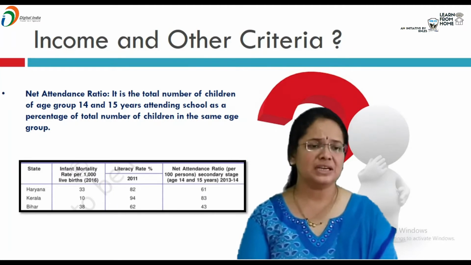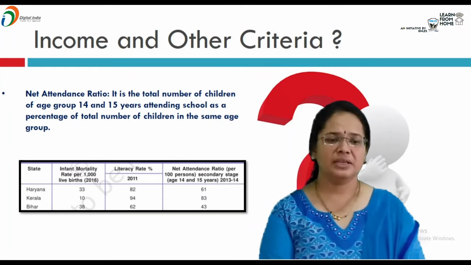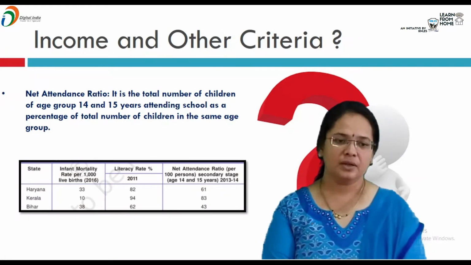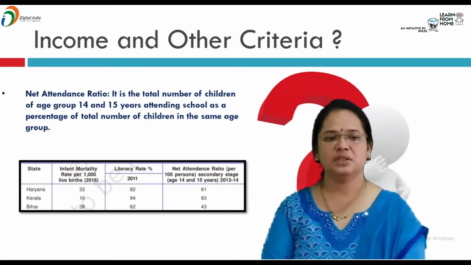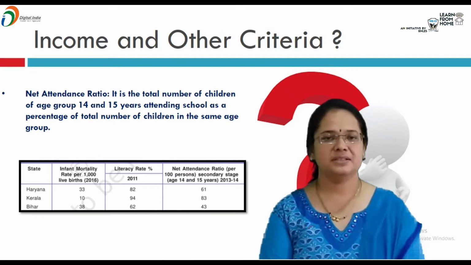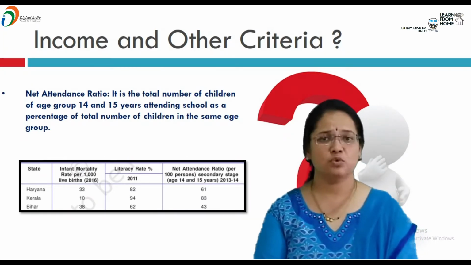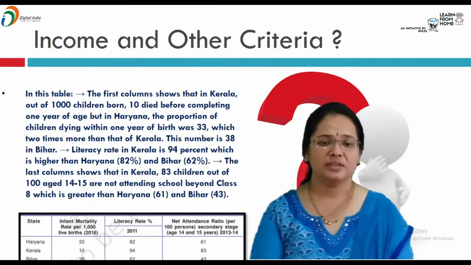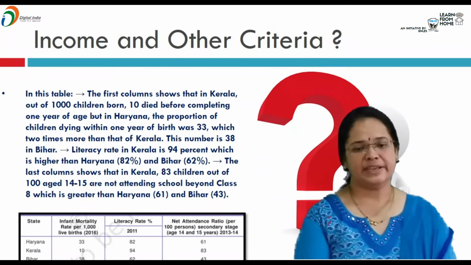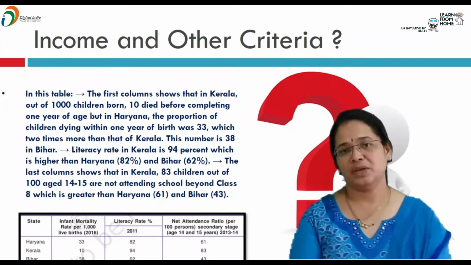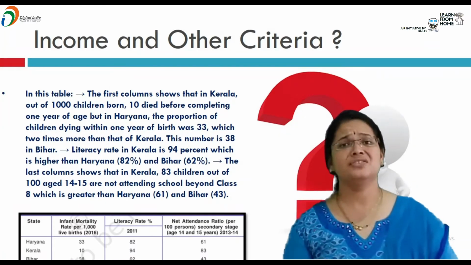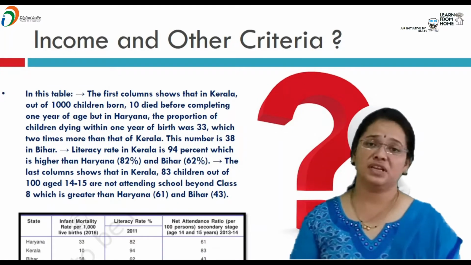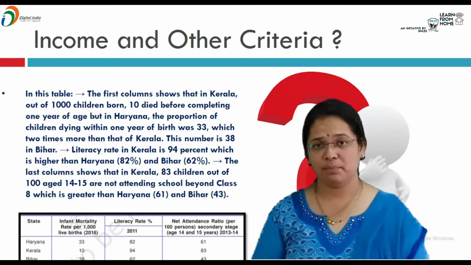In this table, Haryana, Kerala and Bihar are compared, and Kerala has the highest attendance ratio. Yes, definitely literacy is more, means high attendance ratio is also there, that is 83. Then Haryana is second, and last is Bihar. Bihar has more illiteracy, so it is not that developed a state and needs more development.